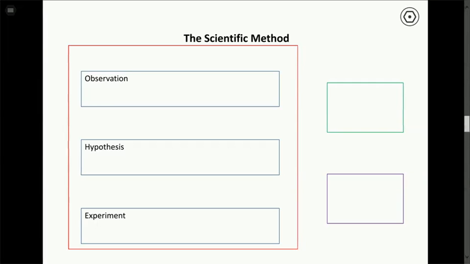So the first thing is an observation. An observation is something you sense or measure. Qualitative or quantitative.